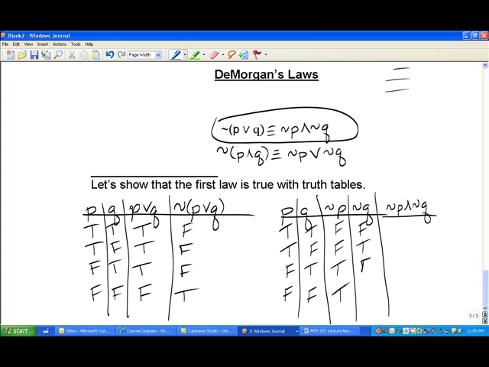Okay, joining these with an and, we're going to get a false. False and true would be false. True and false would be false, and true and true would be true. So what I look at is this very last column, and notice how it matches. So I have proved this very first law, that those two are equivalent statements. Okay, the next thing you want to do is watch the sample problems.